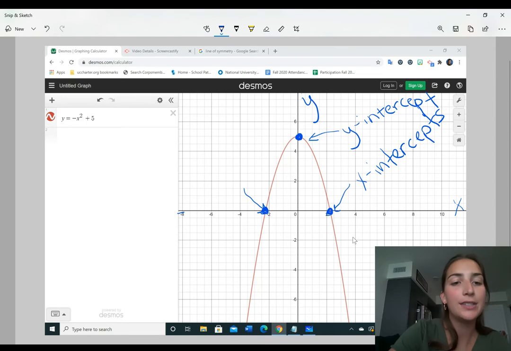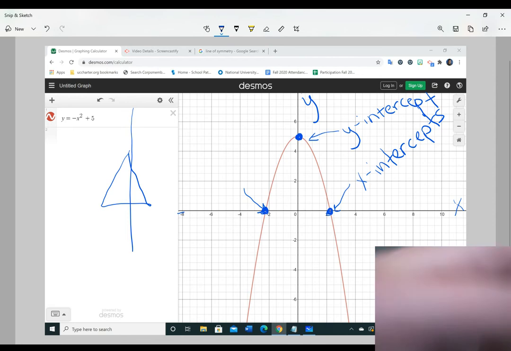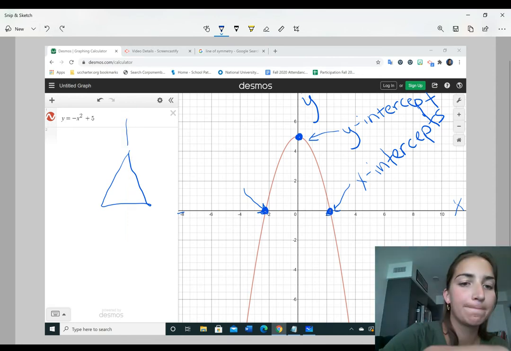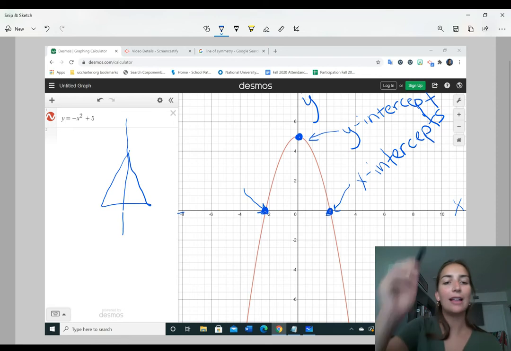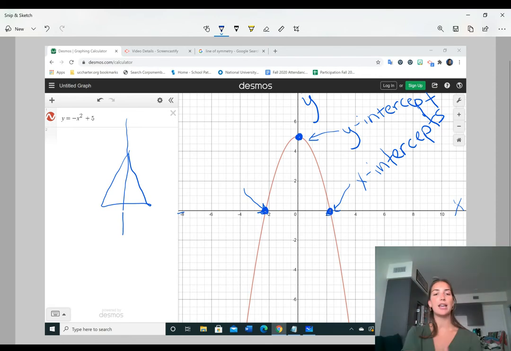A line of symmetry is just a line that cuts an image in half. So that line that I just drew is a line of symmetry because it cuts that triangle right in half, right? So if you folded the triangle in half, both sides would be mirror images.